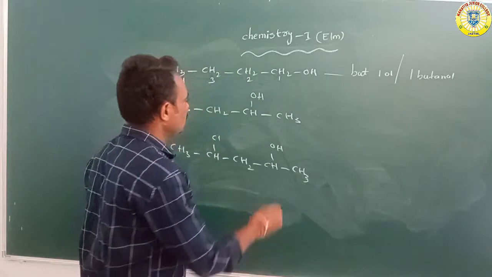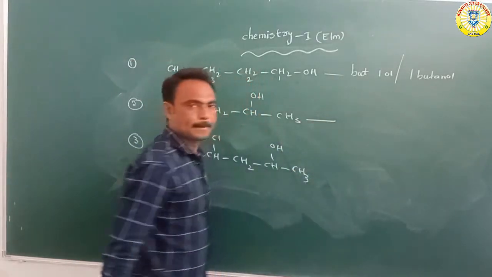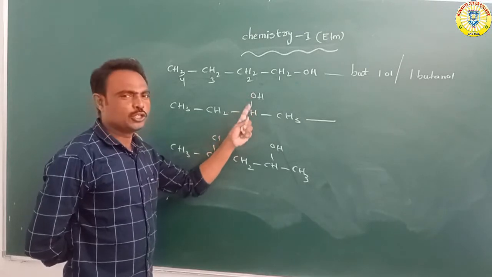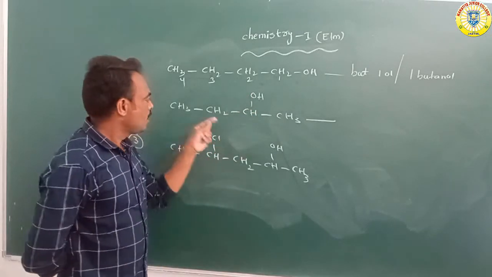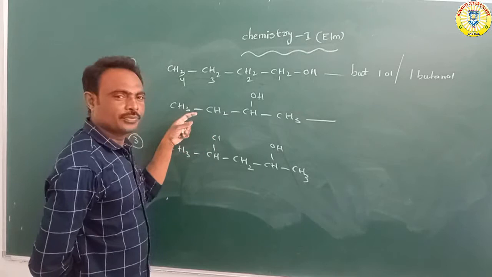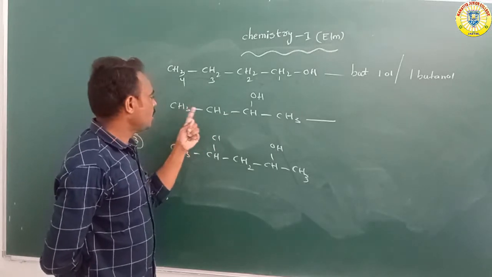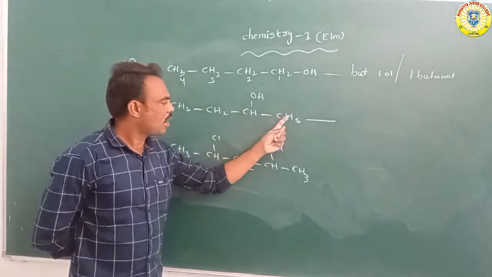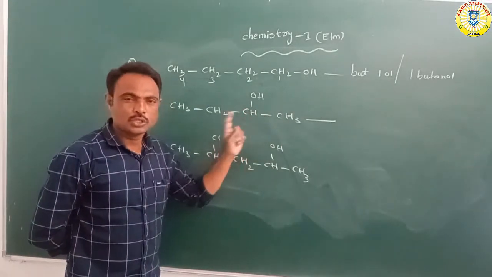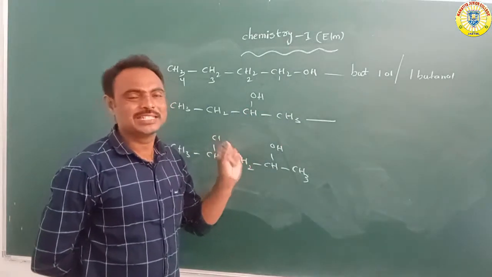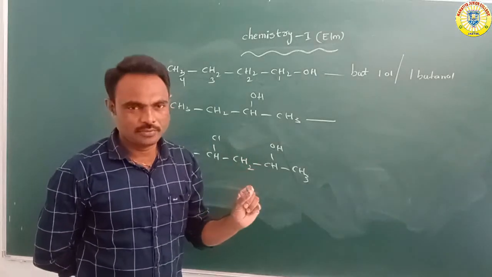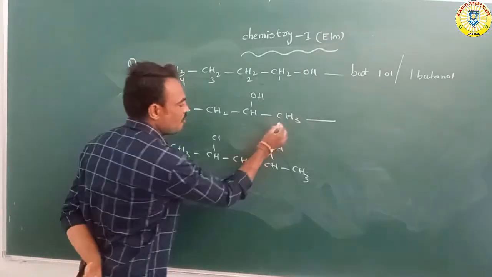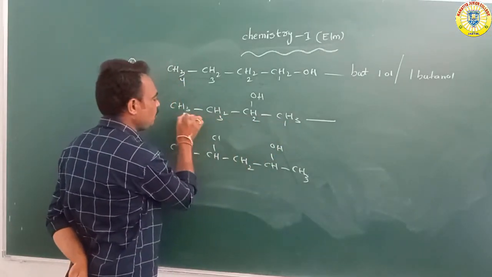Now the second example. The hydroxy OH alcoholic group is attached at the third carbon from the left side, and at the second carbon from the right side. Here we choose the least number side and give the number from that side: 1, 2, 3, 4.